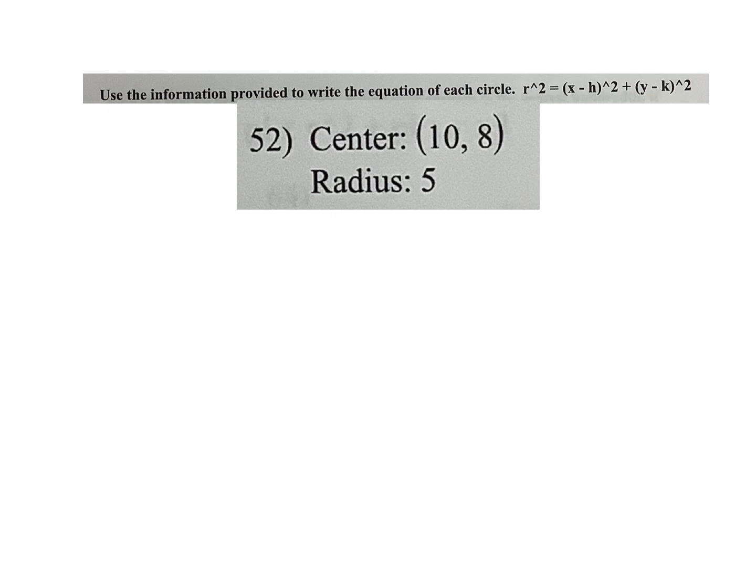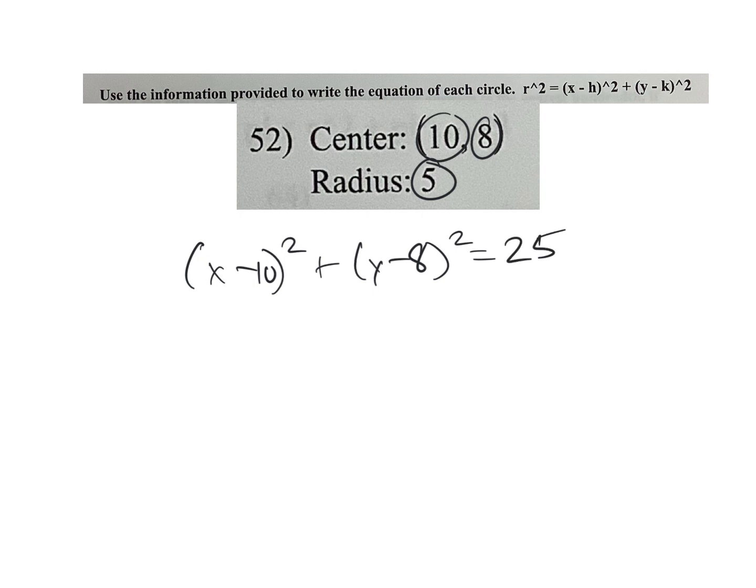Okay, same thing here. Writing the formulas. Positive 10, so that's negative 10. Positive 8, that's negative 8. And we square 5 to get 25.